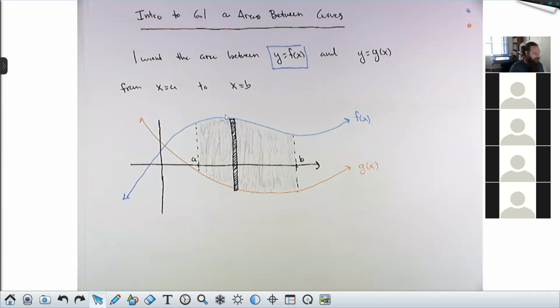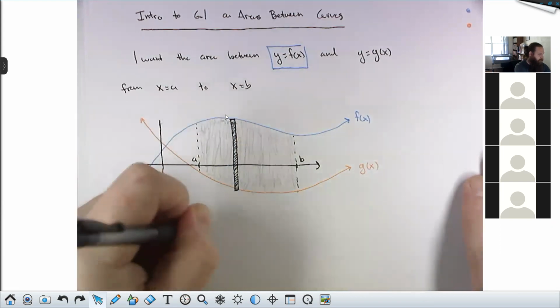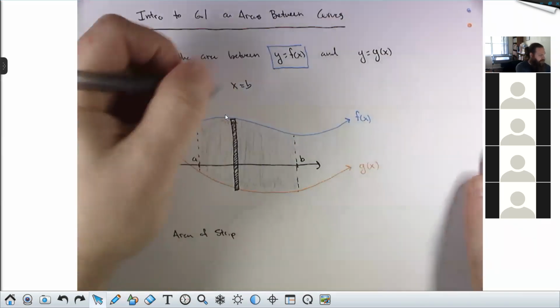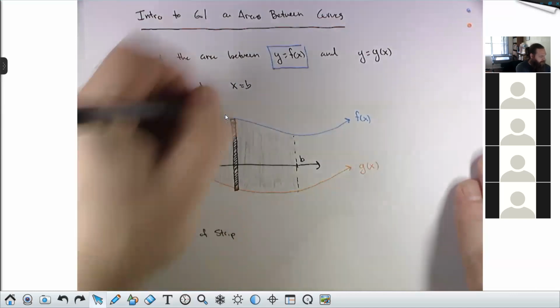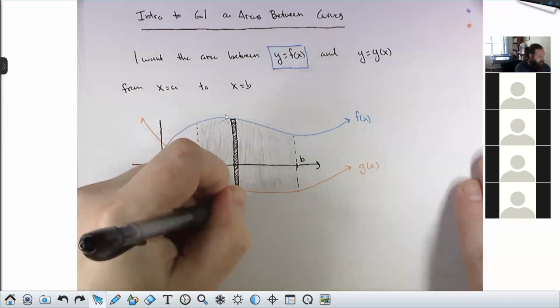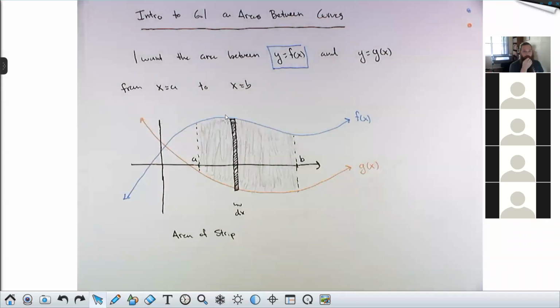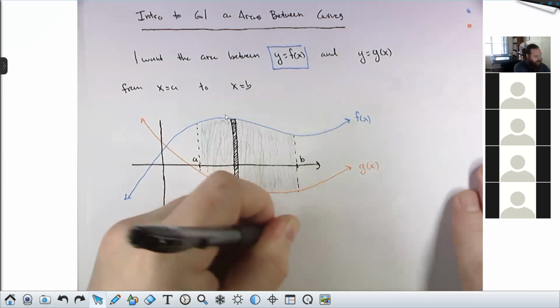What's the height of this rectangle? So the area of the strip. I'll say the strip has thickness here, like a width. Call it dx. So the area of this little strip I'll call dA. It's a tiny little area.